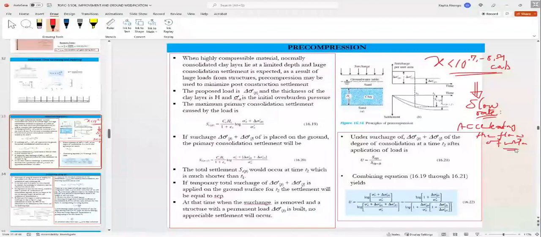I do not have lecture notes for consolidation of soils, but let me see if I can pull a couple of threads for you. You may write your own notes and your own understanding.